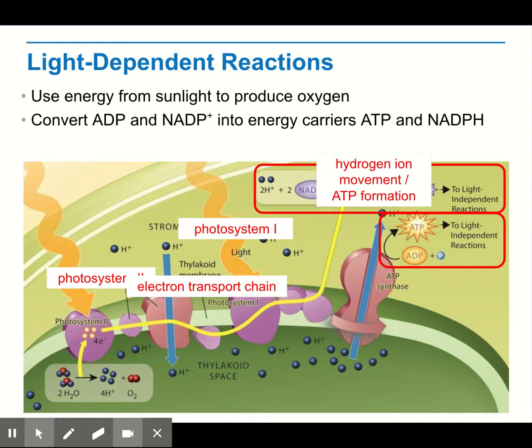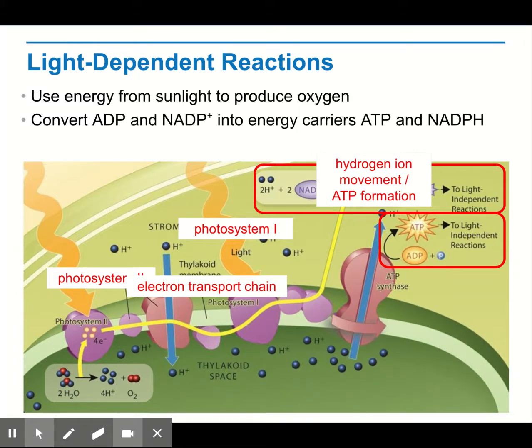This slide shows us a summary of the light-dependent reactions. The most important things to know are that the light-dependent reactions depend on energy from the sun or another source of light, and they produce oxygen. They also convert ADP and NADP+, which are low-energy molecules, into high-energy molecules called ATP and NADPH.